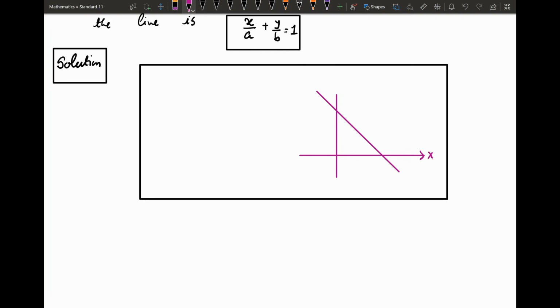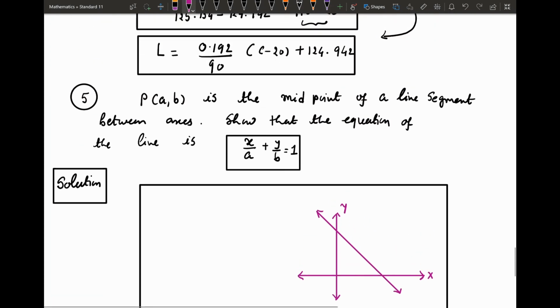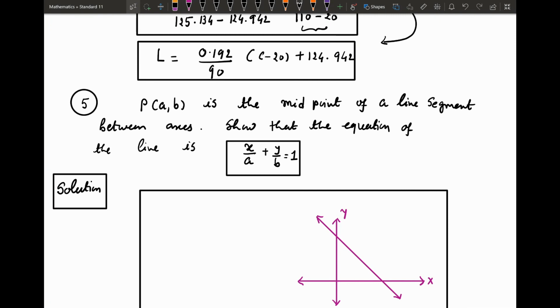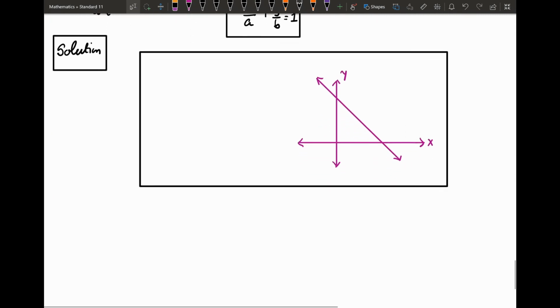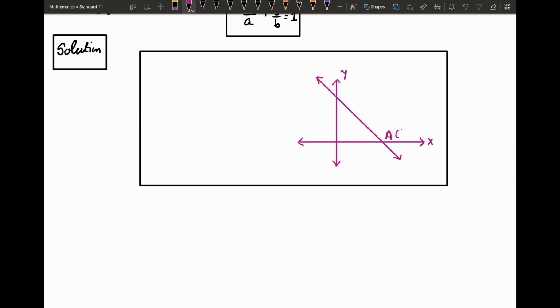This is the x-axis, y-axis. Now P(a, b) is the midpoint of a line segment. Suppose the line intersects the x-axis at A(h, 0) and the y-axis at B(0, k).